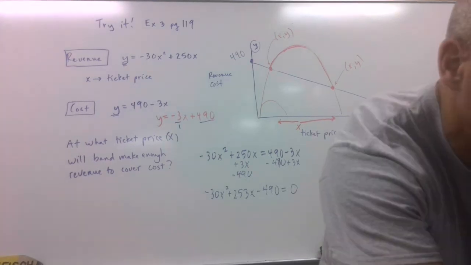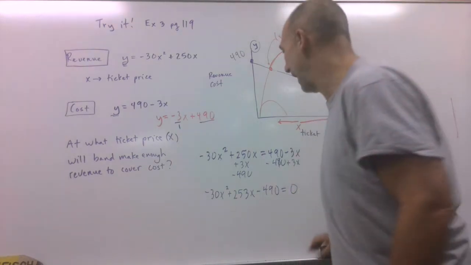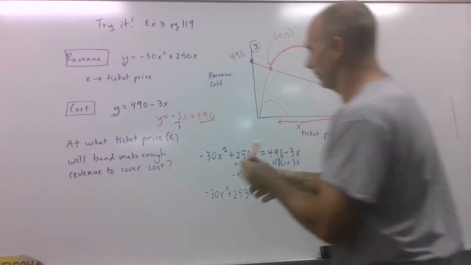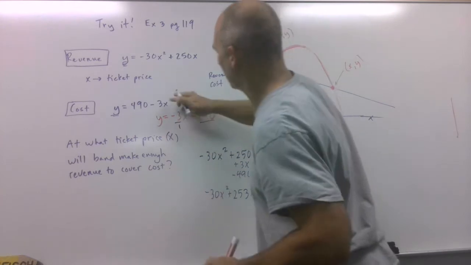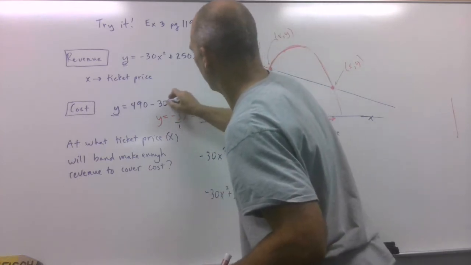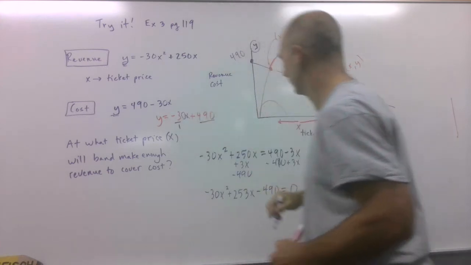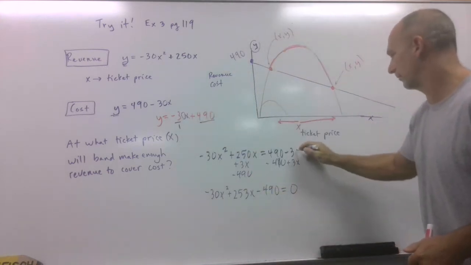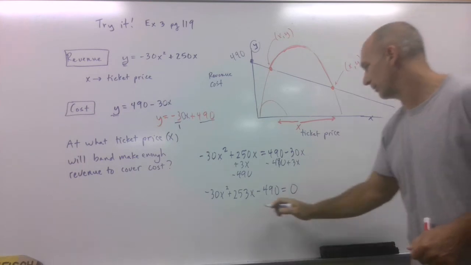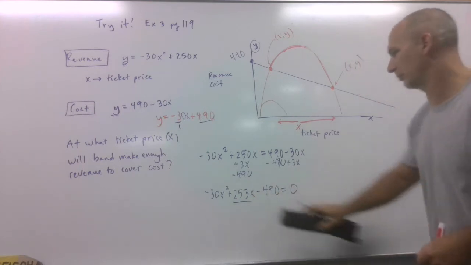Okay, sorry about that. I did write something down wrong. This wasn't negative 3x. This is minus 30x, which would have made this minus 30x. I was not remembering this 253.